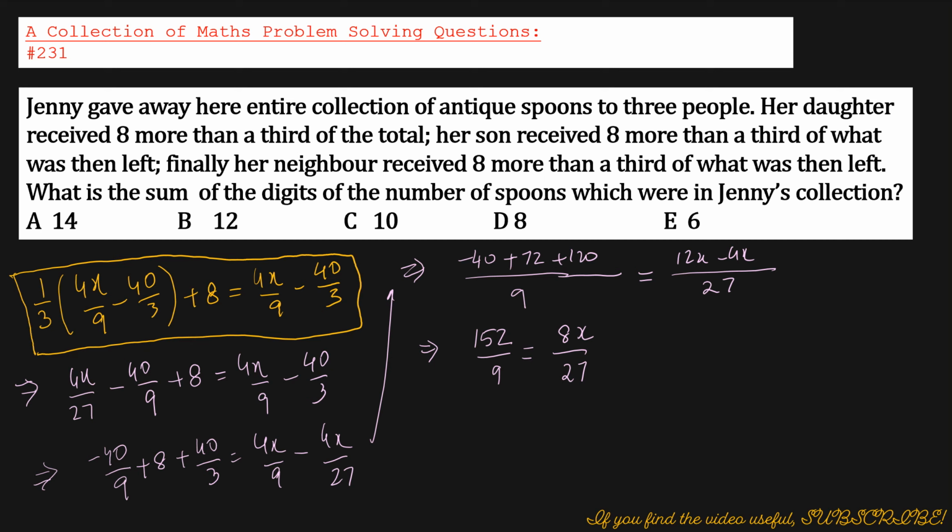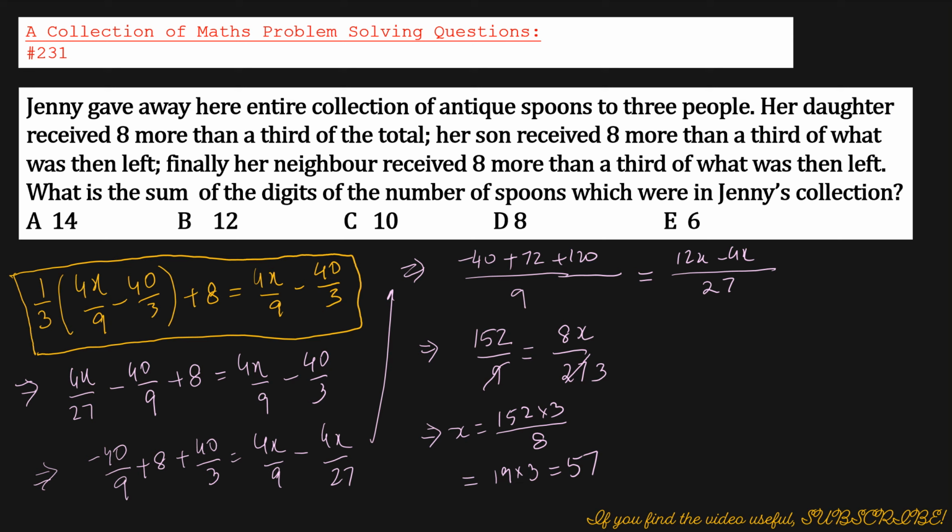So we can write, 9 and 3 is 27, so X would be 152 times 3 divided by 8. That equals 19 times 3, and that is 57.